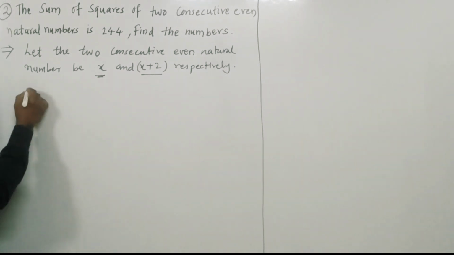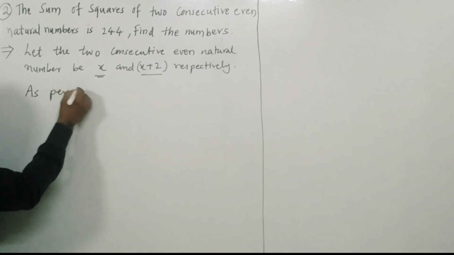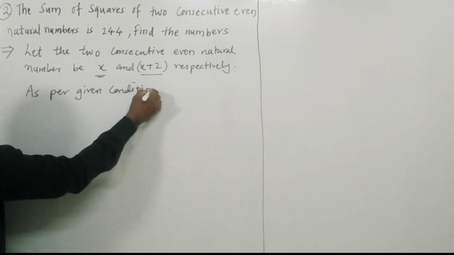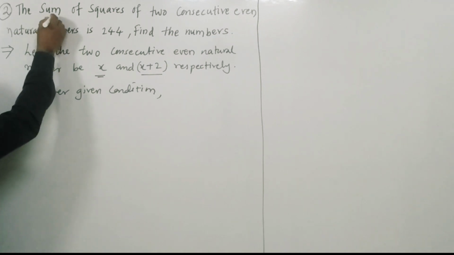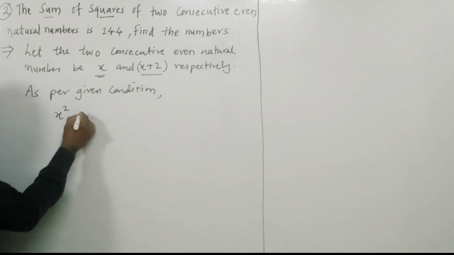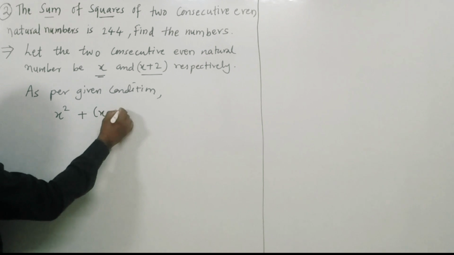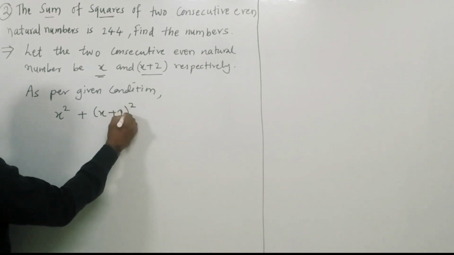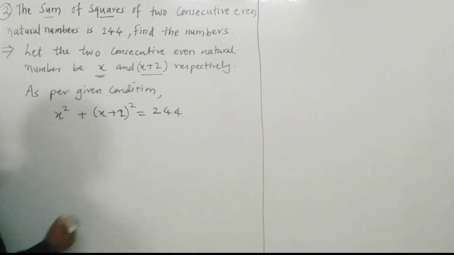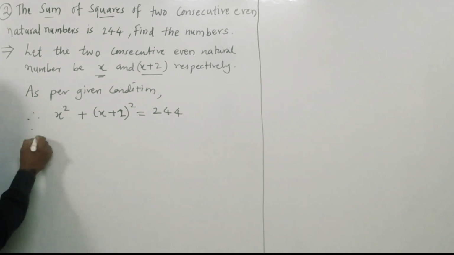Now, as per the given condition, the sum of squares of the two consecutive numbers. So we have to make squares: x square plus (x plus 2) whole square is equal to 244. This is the condition given. Now solve this.